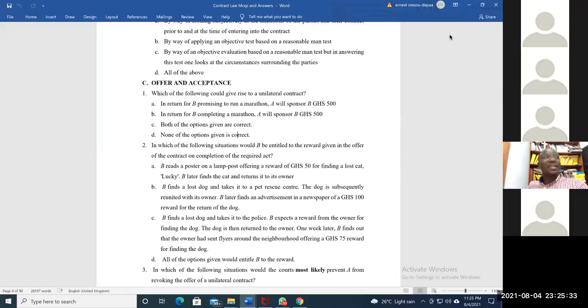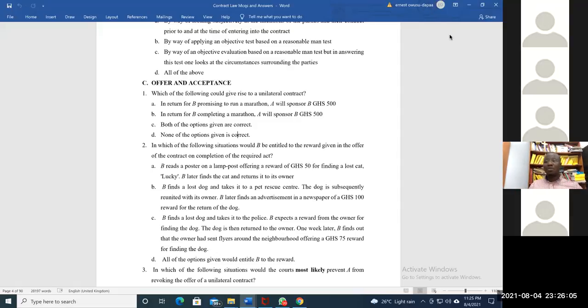If I tell you that if you find my missing phone, I'll give you 10 cedis, it may well be that you are the only person who is there, but you are the one that I'm talking to. I don't expect you to promise me that you're going to look for the missing phone and then I give you the money. All that I'm interested in is that you bring the phone and then you're entitled to what I have promised.